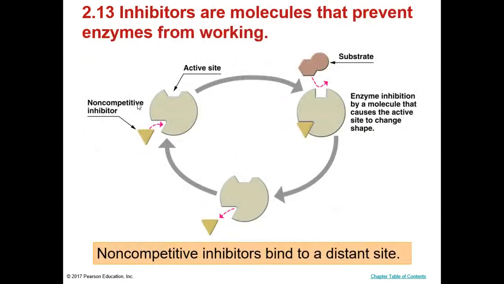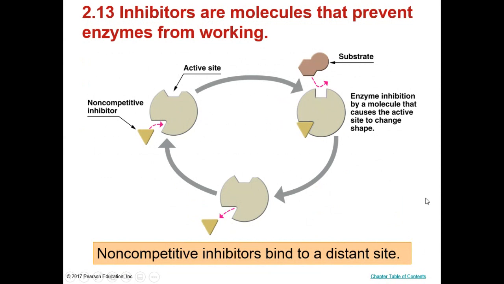Another regulatory mechanism, as mentioned, was the allosteric site. So you have the non-competitive inhibitor because it's not competing for the active site. It doesn't care about the active site. It cares about the allosteric site. So it binds to the allosteric site. It's going to change the shape of the active site, therefore not allowing the substrate to bind to the active site anymore because it doesn't have the same shape. So the substrate can't bind to it anymore.